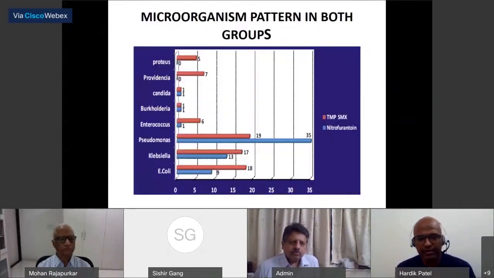Another reason for failure of this trial was a significant number of pseudomonal infections, which were prevalent in our transplant unit, and nitrofurantoin is not very sensitive against pseudomonal infections. So in centers with a high prevalence of E. coli, Klebsiella, we can certainly think about using nitrofurantoin, but in centers like ours where pseudomonal infection rates are very high, it is not a worthy molecule.